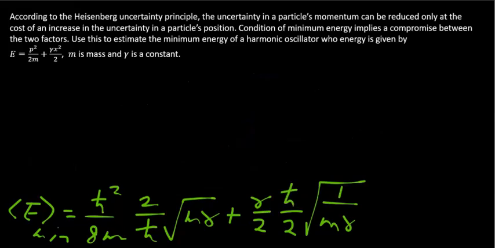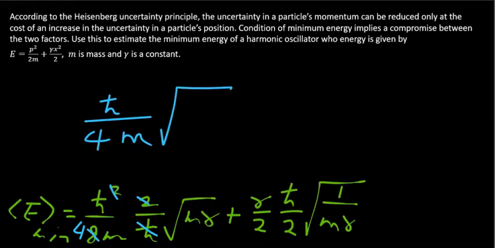Let's try to simplify the terms. This is going to give you a 4. That will kill that h bar. So the first term will give you h bar over 4m square root m gamma. If you bring this m inside the square root sign, that's going to give you gamma over m.